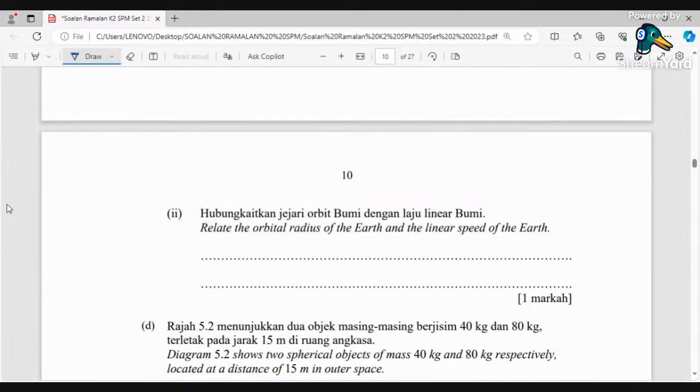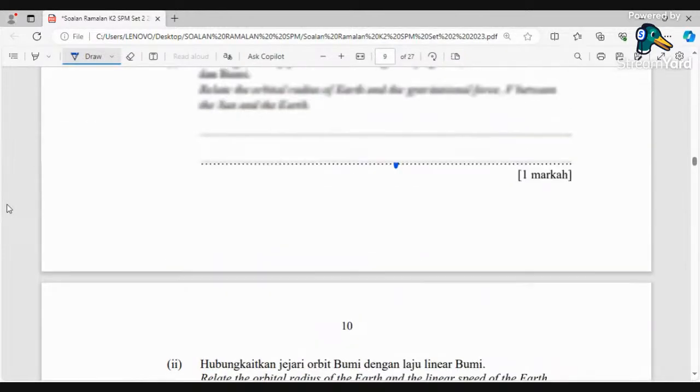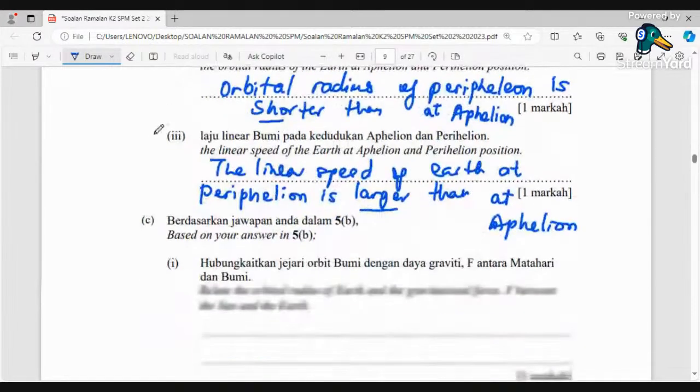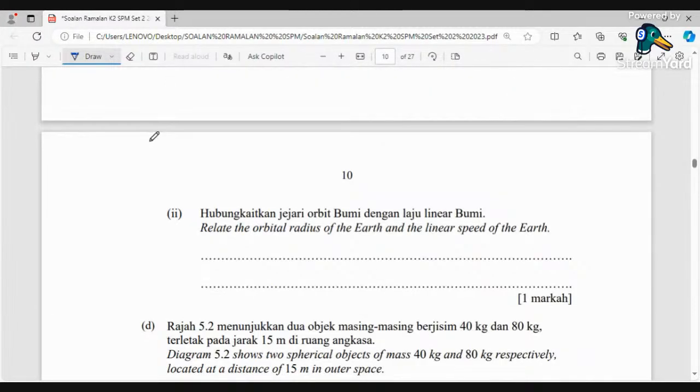Relate orbital radius and linear speed. Going back to earlier, the orbital radius is shorter and the linear speed is larger.